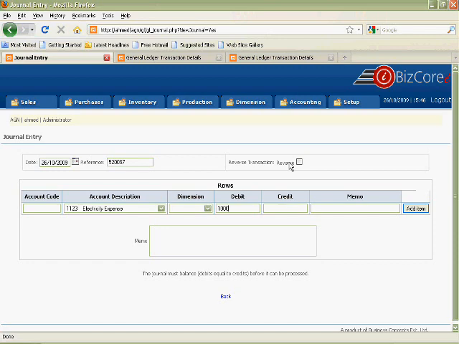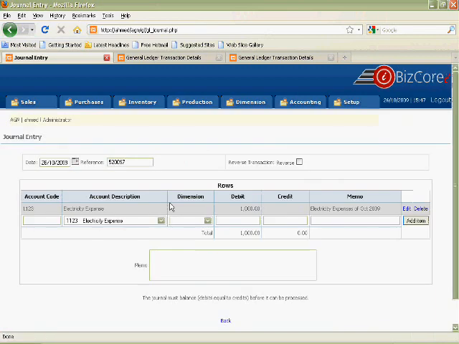and that was credited by our cash, or for example from retained earnings or any bank account.